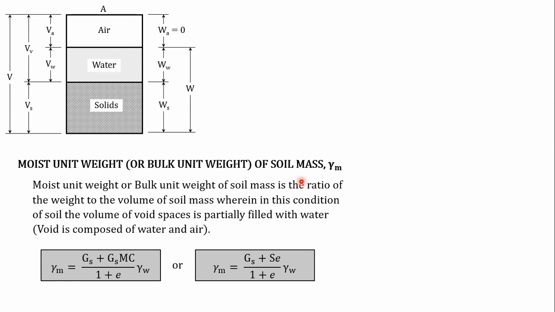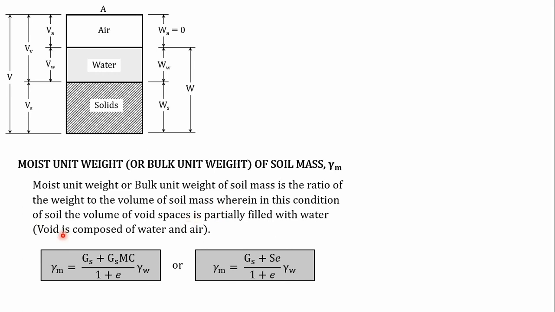Okay, this one. So, moist unit weight or bulk unit weight of soil mass, which is denoted as unit weight m. Moist unit weight or bulk unit weight of a soil mass is the ratio of the weight to the volume of soil mass, wherein in this condition of soil, the volume of void spaces is partially filled with water.